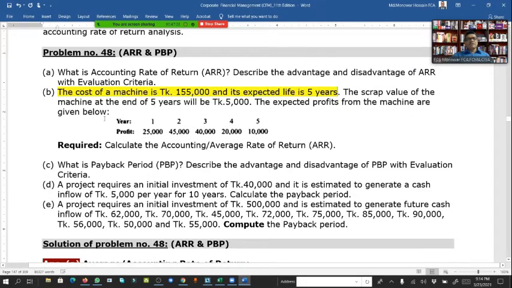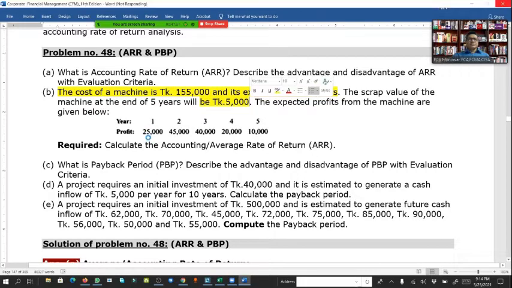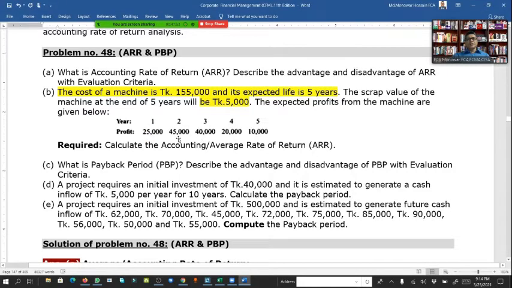The scrap value of the machine at the end of 5 years is 5,000. The expected profits from the machine are given below: 25,000, 45,000, 40,000, 20,000, and in year 5, 10,000. We have to calculate the accounting rate of return.